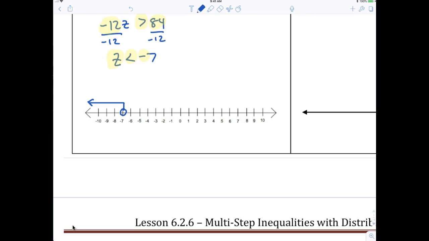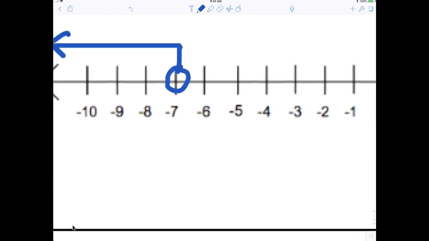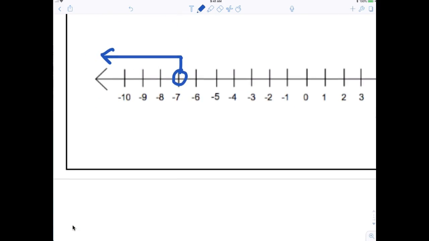Exactly correct. There is no first number less than -7. Because why? Let me blow this up and show you. There are a whole lot of numbers between -7 and -8. What's the first one? There is no such thing as the first number less than -7, right?